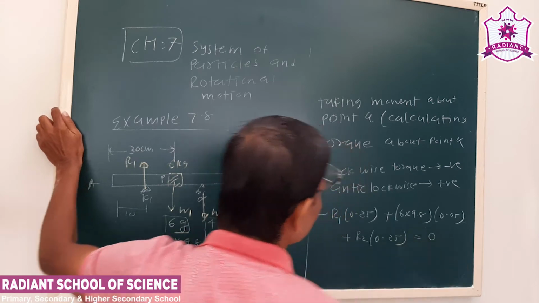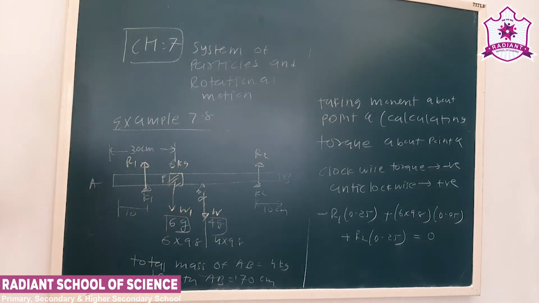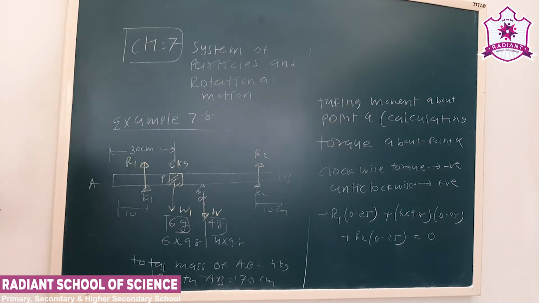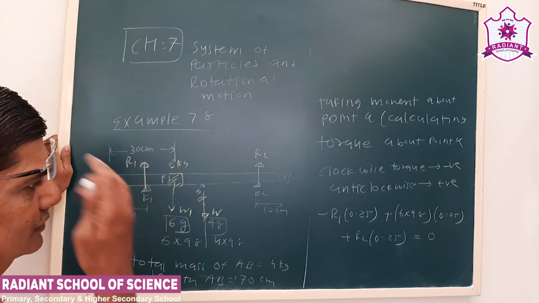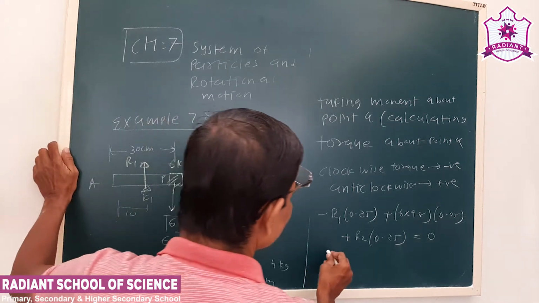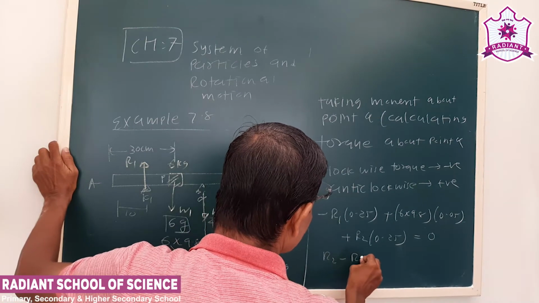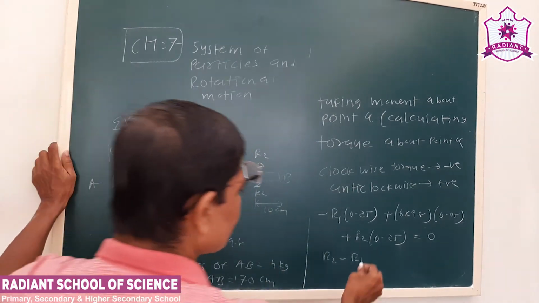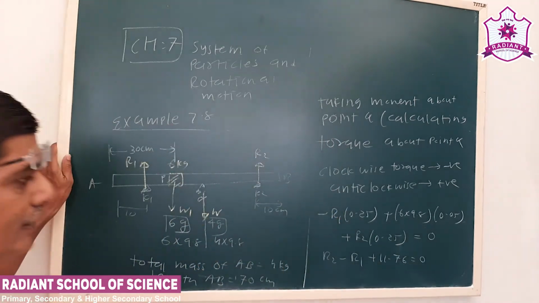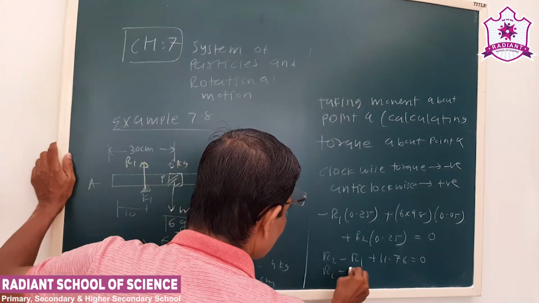And it is a rotational equilibrium, so R2 into 0.25 plus the other terms is 0. If we solve this, minus R1 plus R2 plus 11.76 is 0, so that is R1 minus R2.